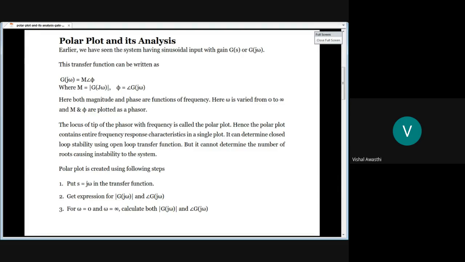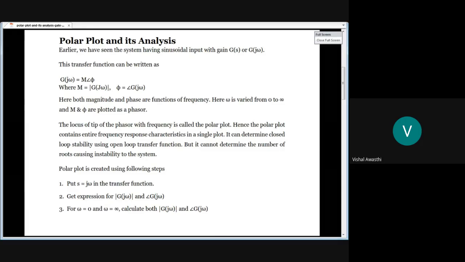So G(j omega)H(j omega) is nothing but the transfer function with s replaced by j omega. Whatever the transfer function, just find out its magnitude and phase. This is similar to the Bode plot.